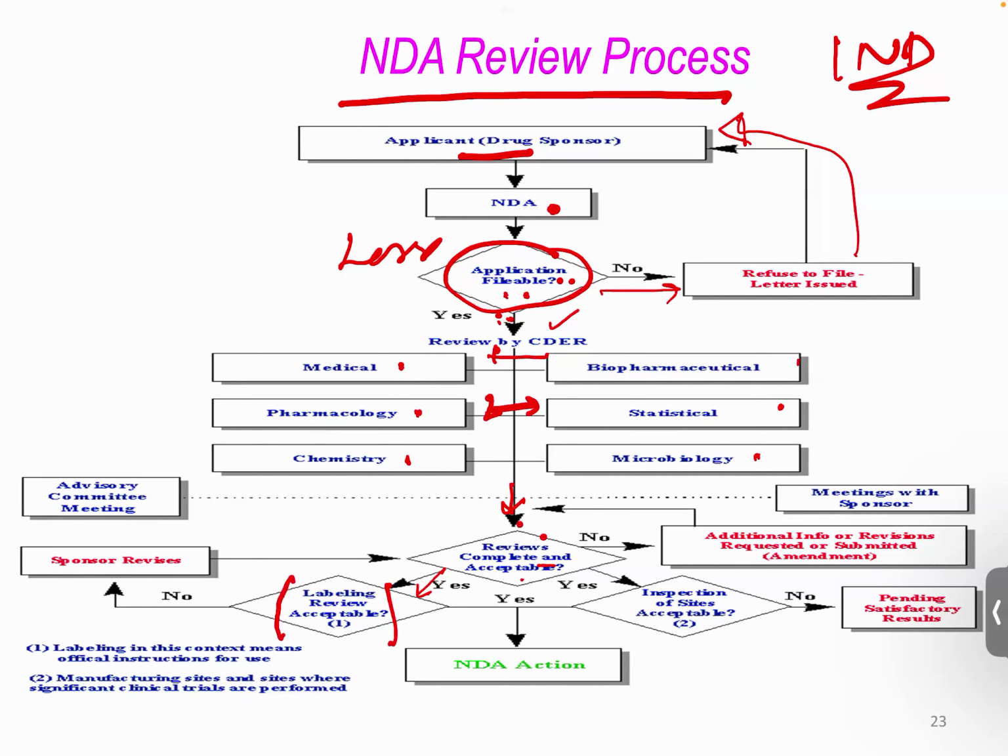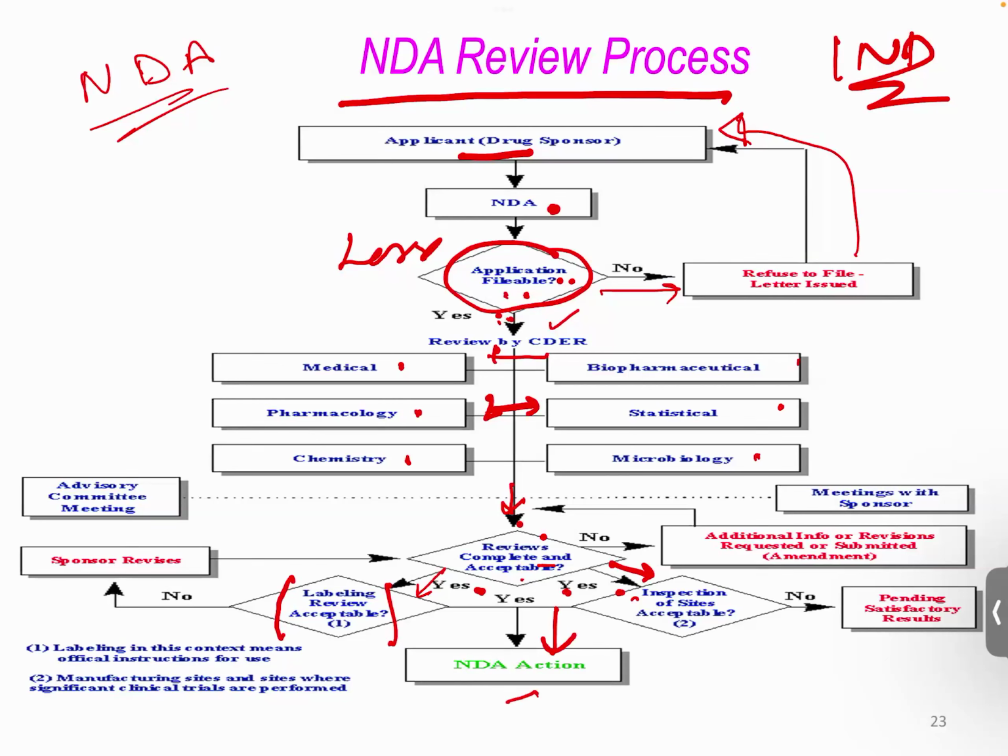Now, another thing they will check is inspection. Any application these days which gets approved by NDA always has an audit and an inspection. If the audit and inspection report is also correct, all yes, that means NDA approved. You can go and sell the product in the market.